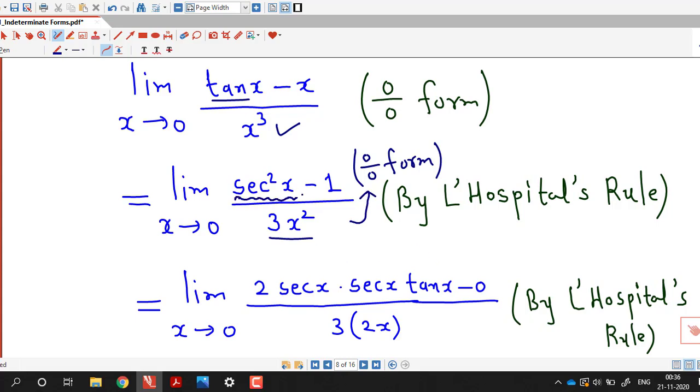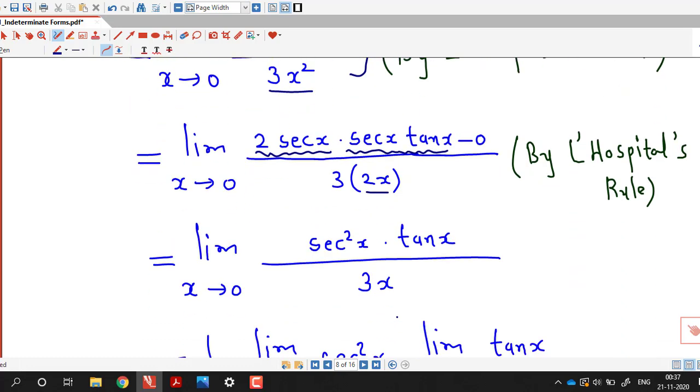So now derivative of sec square x is 2 sec x into derivative of sec x, which is sec x into tan x, minus derivative of constant is 0, and here we have 3 times derivative of x square, which is 2x. So I can rewrite this: here 2 will cancel out, and sec x into sec x, that is sec square x into tan x over 3x.